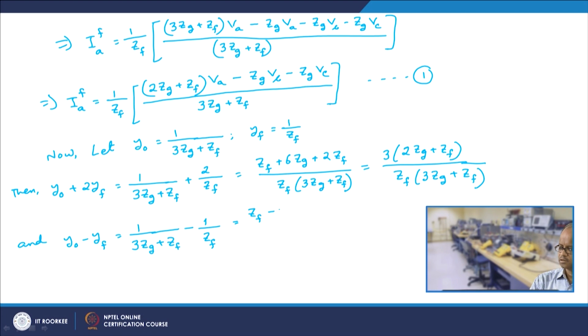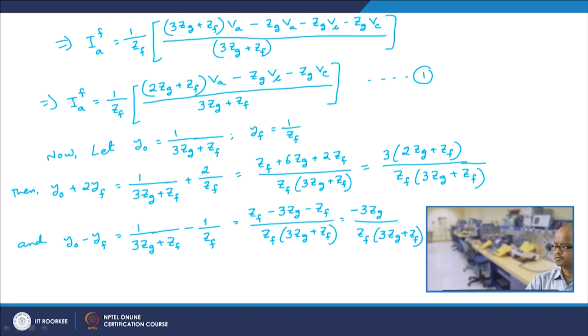That is (ZF minus 3Zg minus ZF) by ZF into (3Zg plus ZF). It is minus 3Zg by ZF into (3Zg plus ZF).